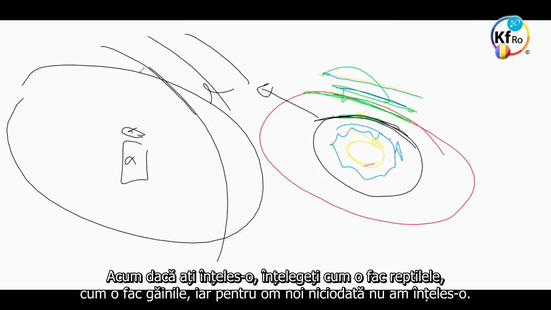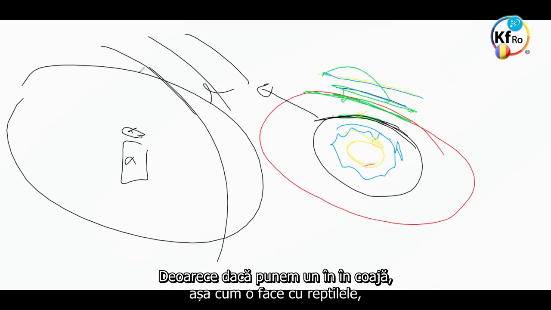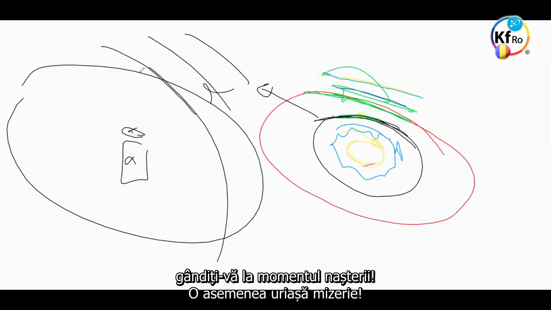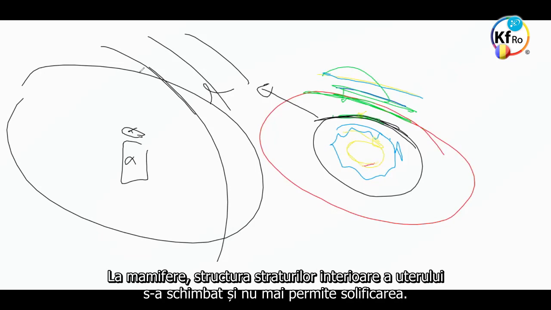Now, if you understand it, you see how reptiles do it, how chickens have been doing it, and for man, we never understood it. Because if we put a man in a shell, as it does with the reptiles, you ask a woman to give birth. It's such a huge mess. In the mammal, the structure of the inner layer of the womb has changed, and does not allow solidification.